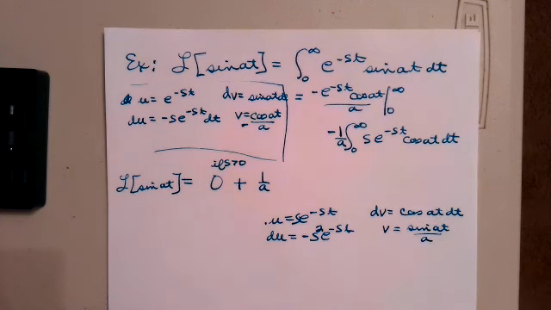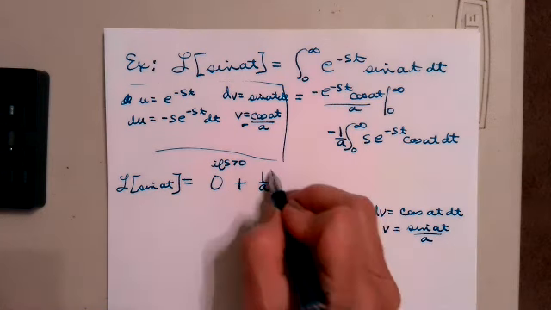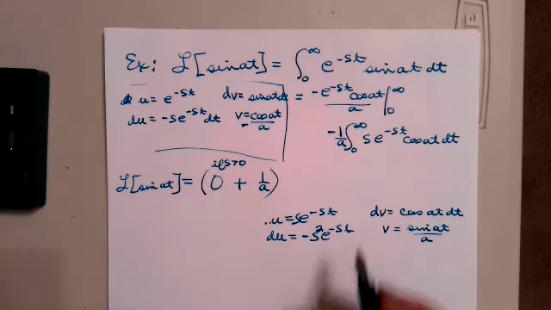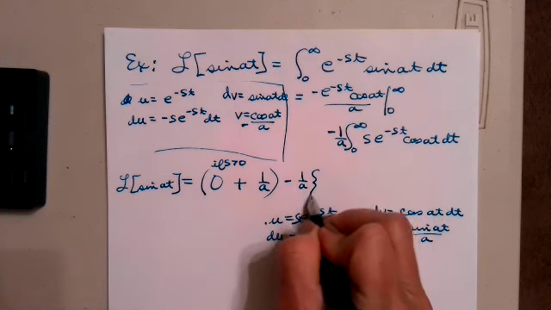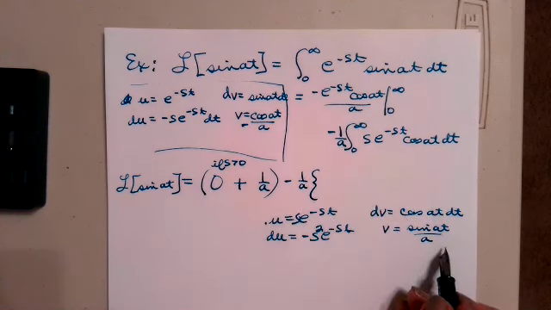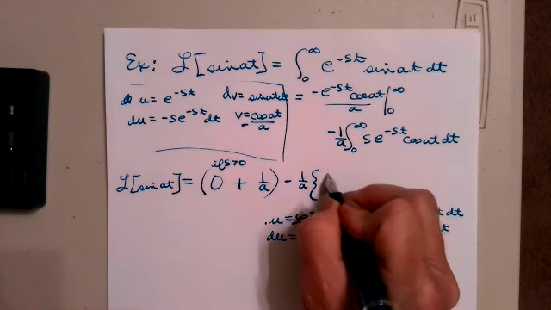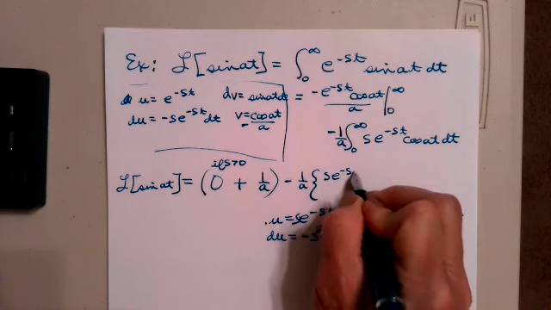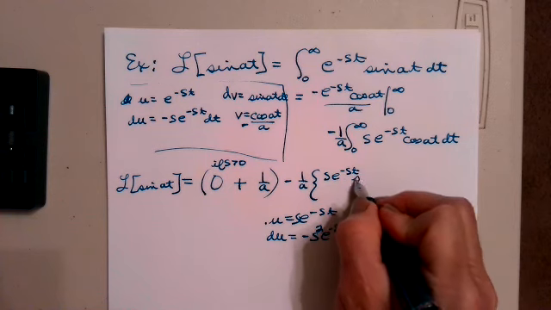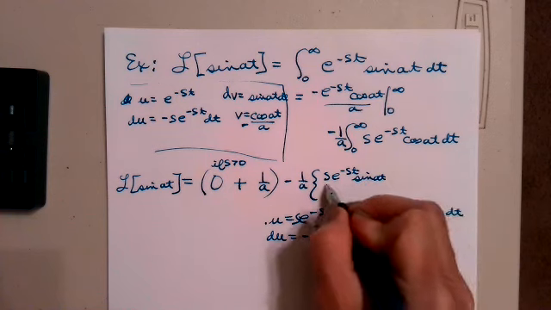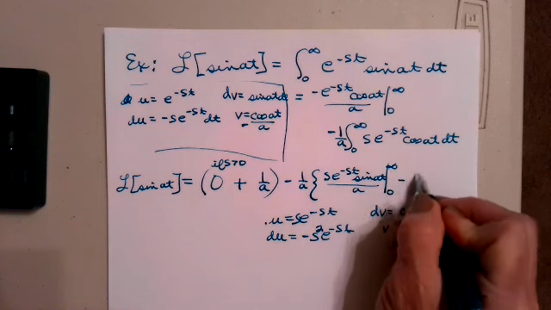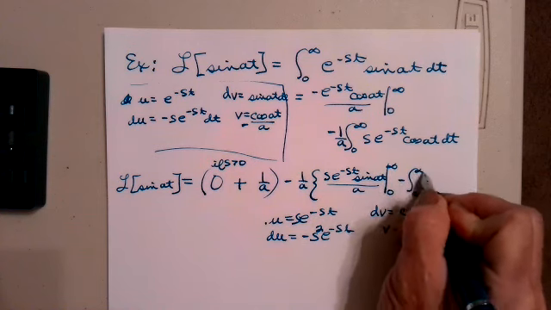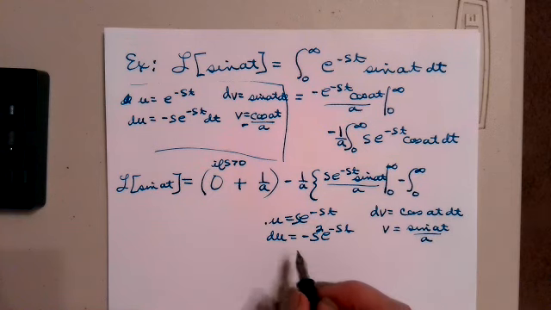Okay. So now this came from the first two terms. And now when I do this, I have a minus 1 over a times u times v. So that will be s e to the minus st sine at divided by a, evaluated from infinity to 0 minus the integral from 0 to infinity of v times du.